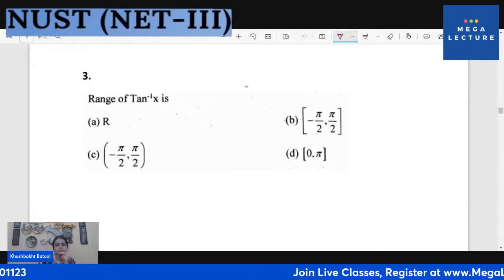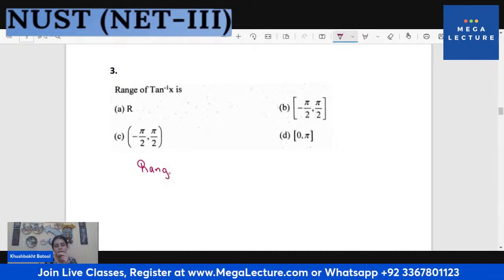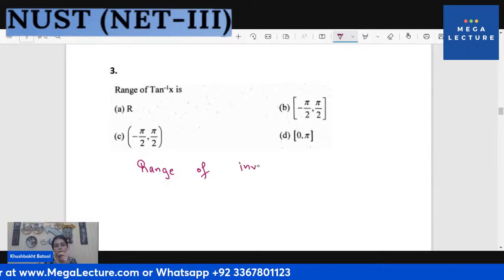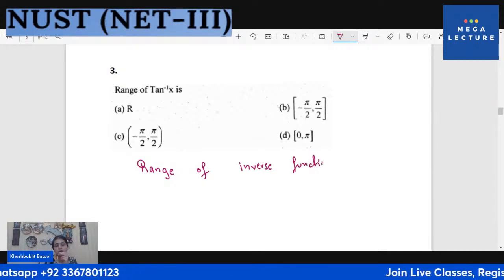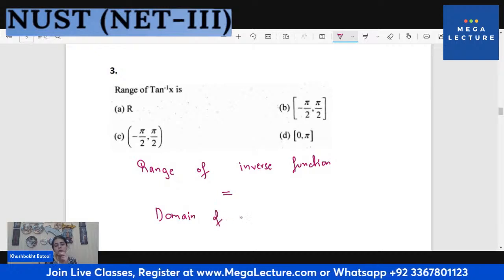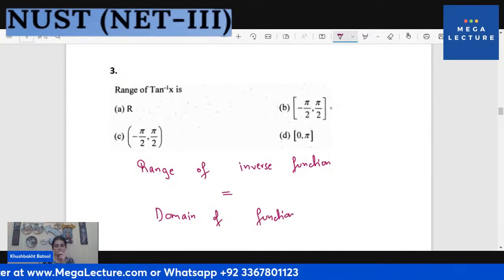You should know that the range of an inverse function is basically equal to the domain of the function.